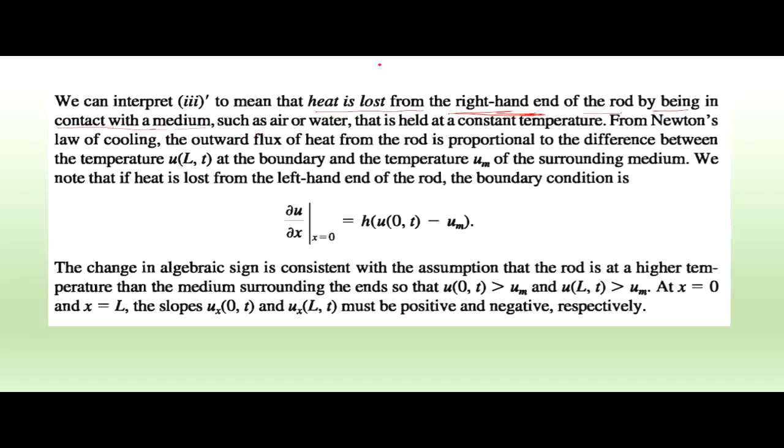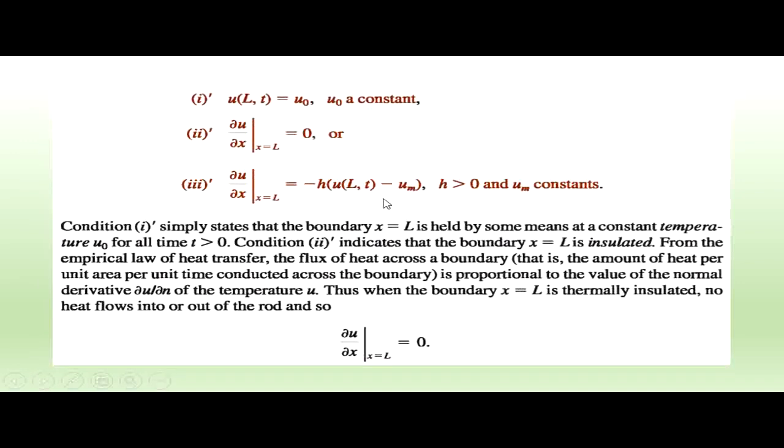So when you differentiate u with respect to x at the right end, it is negative h times u of L comma t minus um, isn't it? That's given here. h is greater than 0 and um are constants.